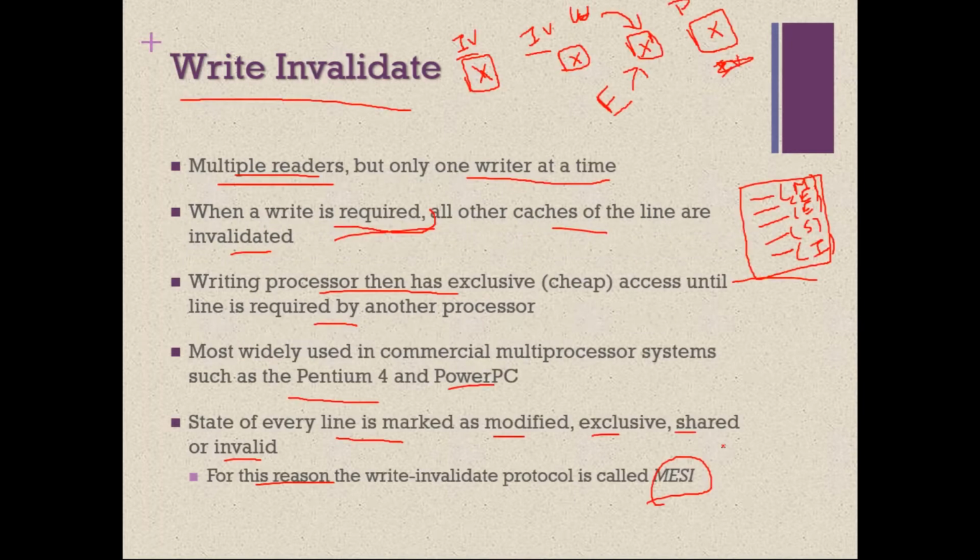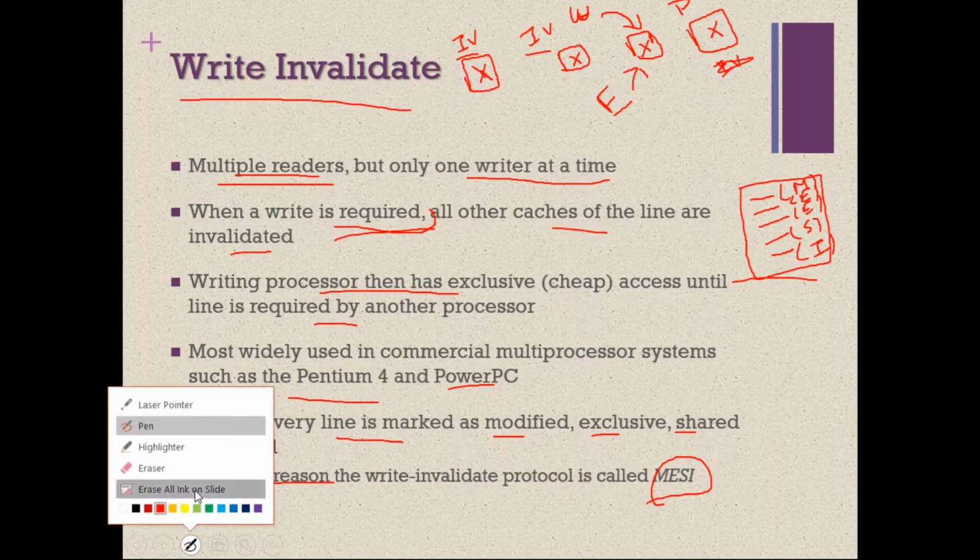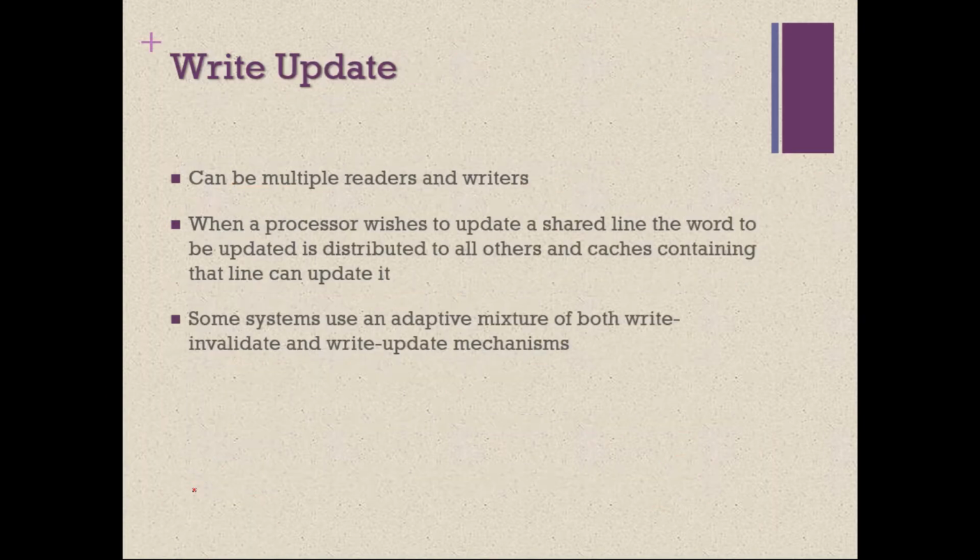In write invalidate, we can have multiple readers and one writer, but that is not the case in write update. Write update allows multiple readers and multiple writers. How is that? Say, for example, there are many caches.